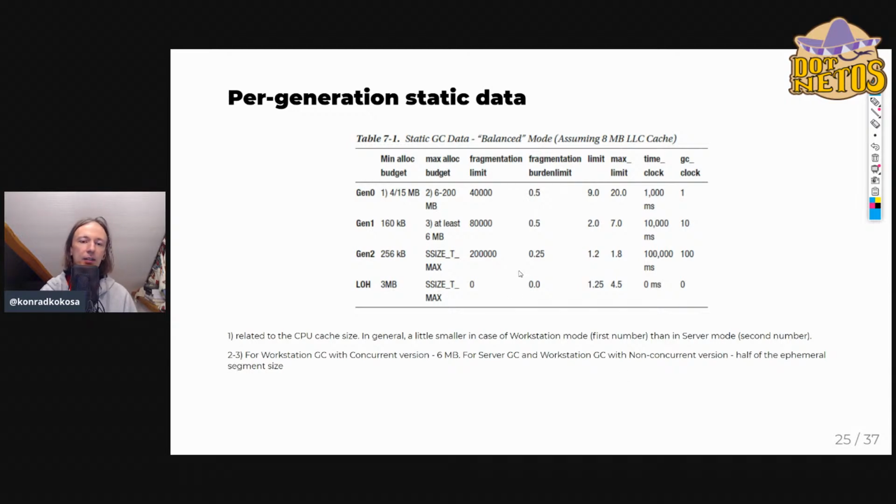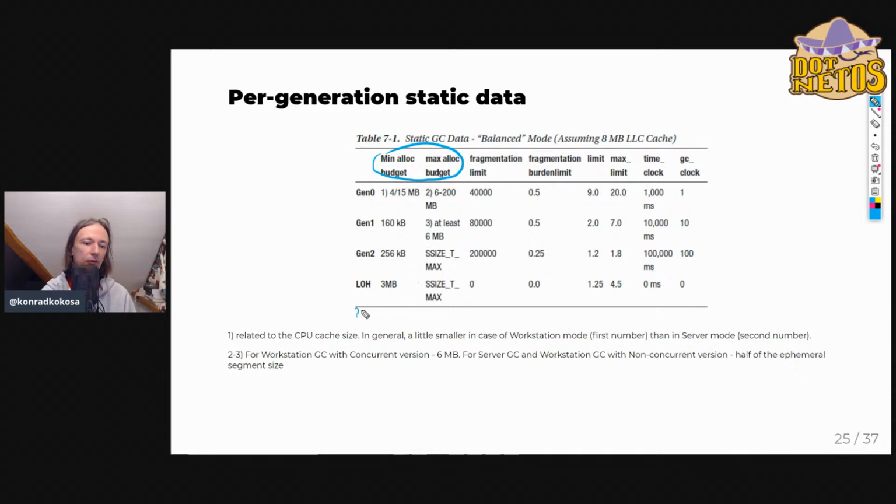Here we have the static data for the so-called balanced mode, which is the typical mode, one of the modes with which we can run the GC. And as you see, those two columns are the ones we are interested in here, the minimum and maximum allocation budget. And it is for every generation.